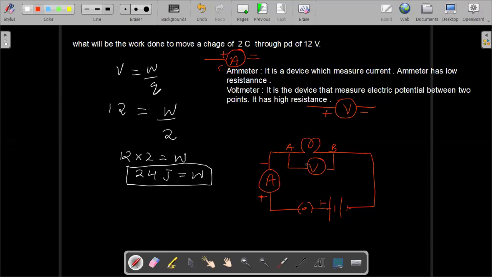Similarly for the voltmeter, its positive terminal is connected to the positive of the battery, and its negative terminal to the negative of the battery. So this is how your circuit is drawn. You can also call it a simple circuit consisting of a switch, a cell or a battery, a bulb, an ammeter, and a voltmeter. Almost everything is there.